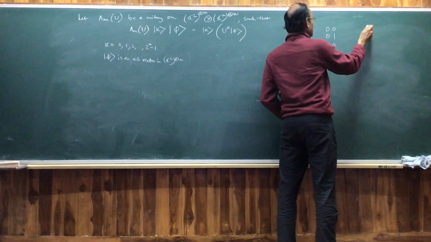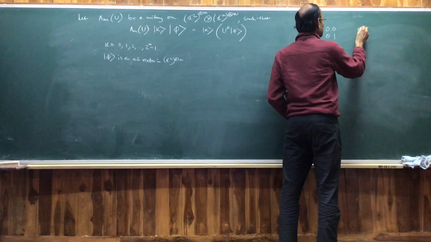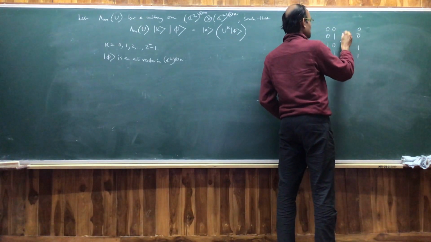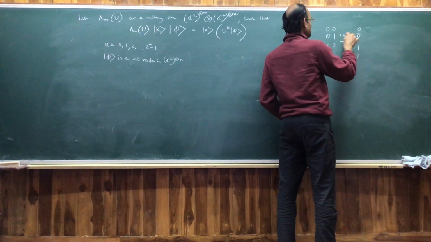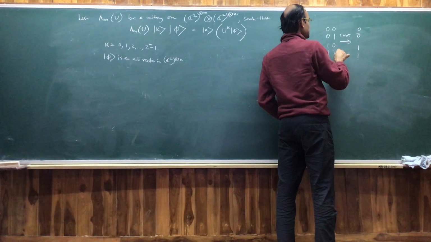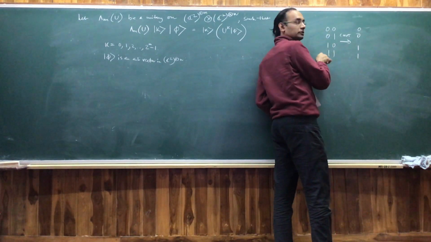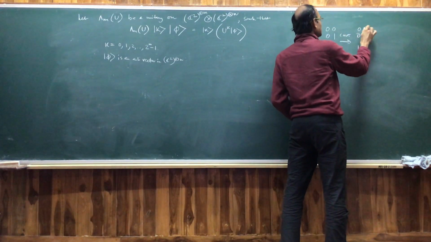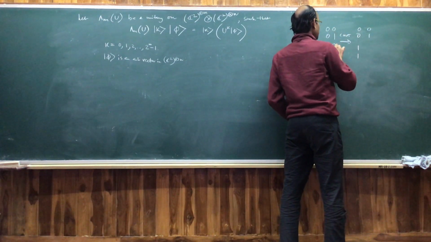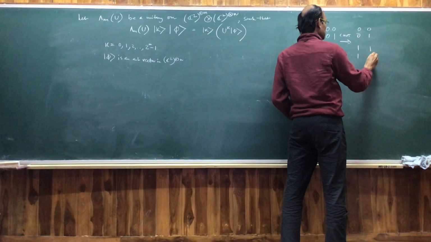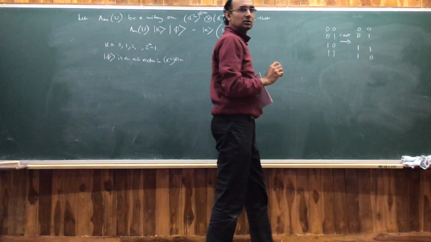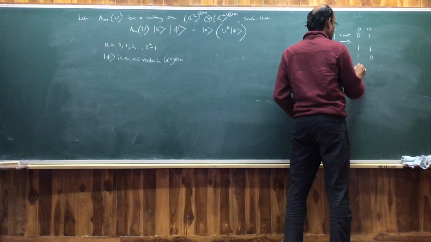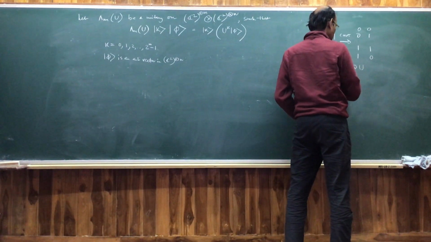You first of all keep this thing intact in the C0. But this one changes depending on what was here. This one, if it was 0, nothing happens. If it is 1, then it is flipped. This is not the same as identity times some operation. It cannot be written like this.